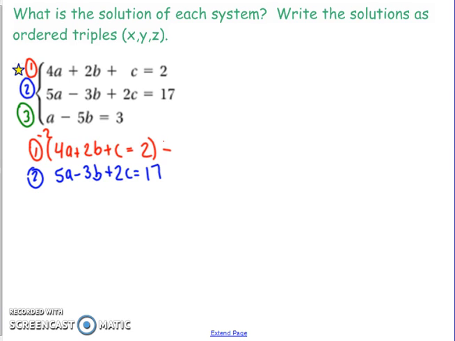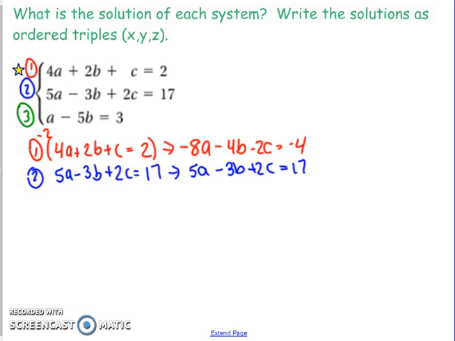So I'm going to distribute that negative 2 to everything. So I have a negative 8a minus 4b minus 2c equals negative 4. The second equation, I'm going to just keep that exactly the same. So 5a minus 3b plus 2c equals 17.